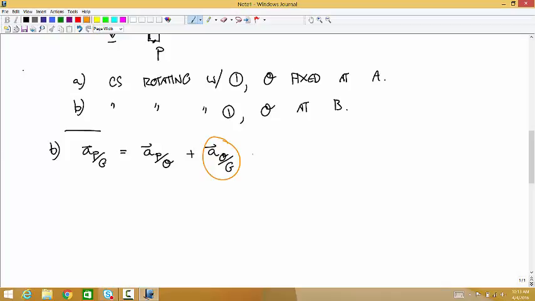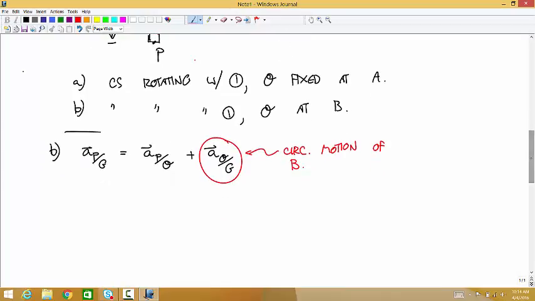So this one is circular motion of that point B. The acceleration of the origin relative to the ground, we're going to use the watermelon equation, so that's alpha cross R plus omega cross quantity omega cross R.